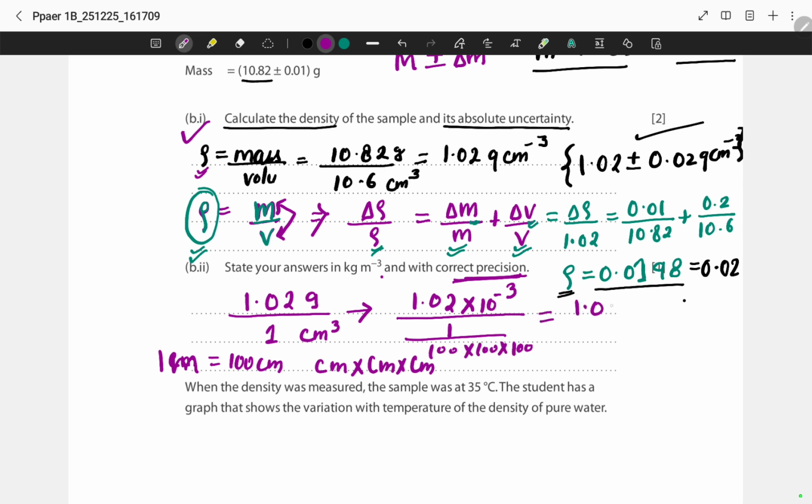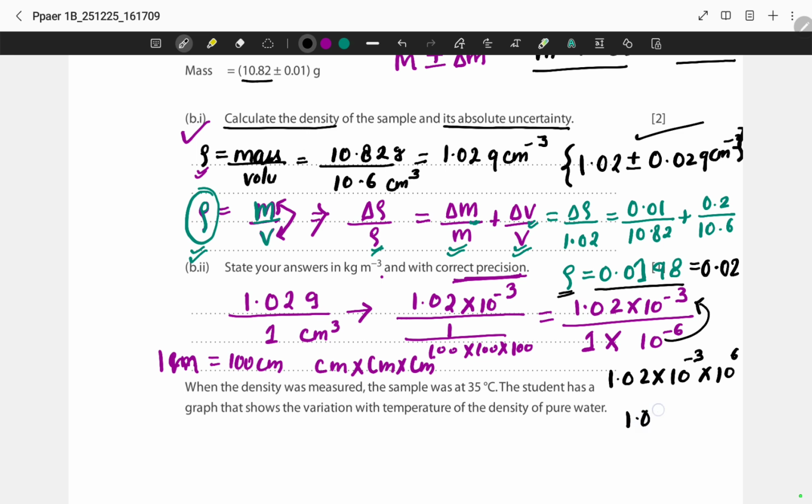So I get 1.02 times 10 raised to the power negative 3 over 1 into 10 raised to the power negative 6. If I solve it further, this 10 to the power negative 6 goes up, becomes positive. So 1.02 times 10 to the power 3.